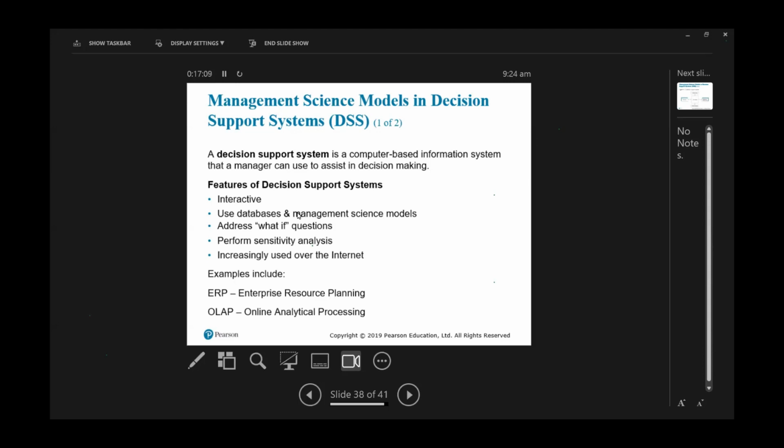Then we have, they can perform sensitivity analysis, the decision support systems. And then also, they are used over the internet. At some other places that I had engagement with, they were using ERP. Okay.